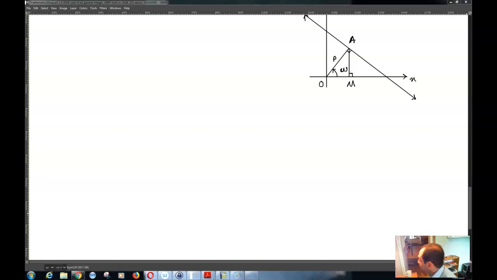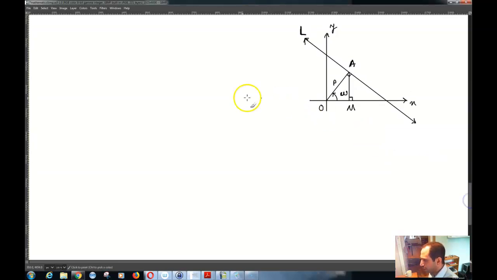If this is the perpendicular distance from the origin to the line, let's call it P or OA, and this angle is the angle that the normal makes with the positive direction of the x-axis, which I call omega, then you can calculate OM and AM.